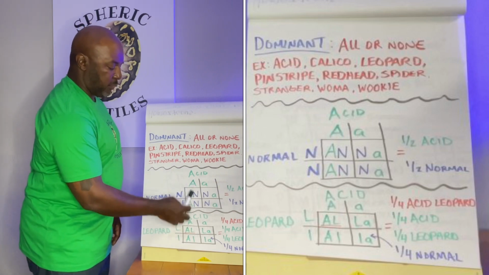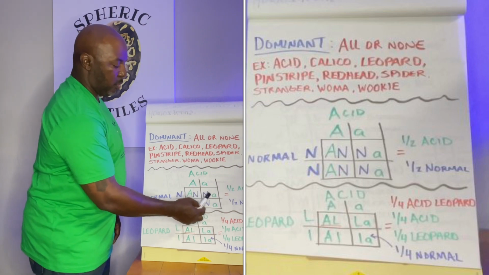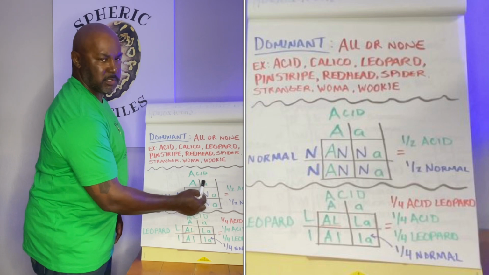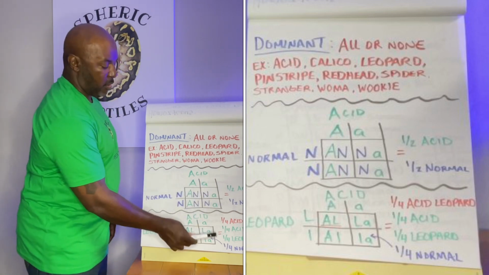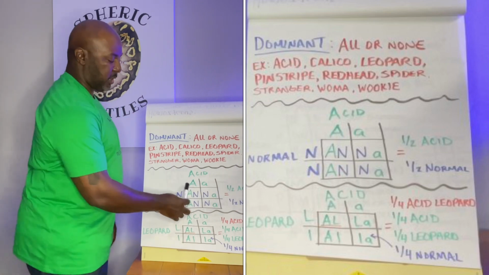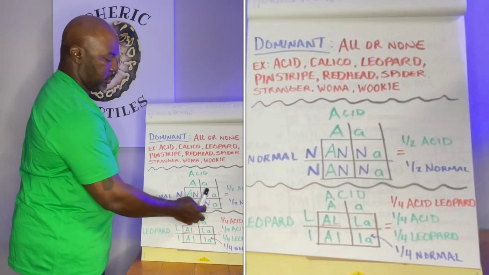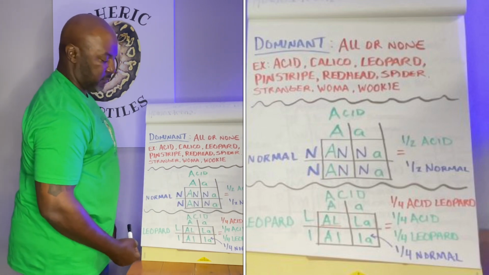Wherever you see this big A, that will be represented. So you have the normal with a not copy, which means it's not expressed. You could have a big A and a big A where you would have all acid, but for this case, we're going to say it's heterozygous. So you have acids here and normals here, as you can see. So you end up with half acid, half normal.